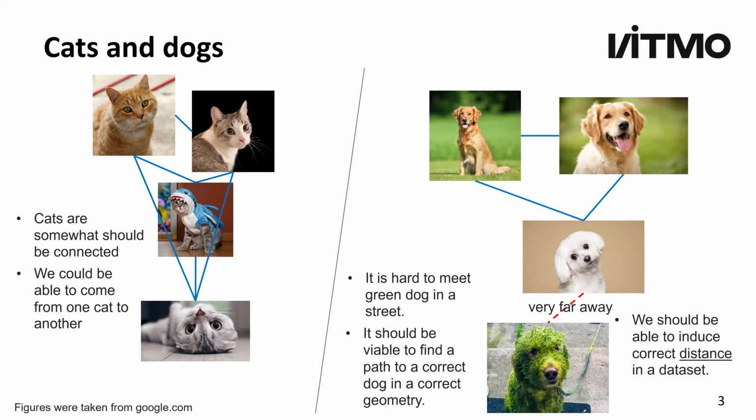And this is how our brain works. We don't measure dogs in Euclidean space. We have notions like dog posture, dog fluffiness, dog color, dog background. And we can distinguish a cat from a dog using very specific coordinates, like ear shape.